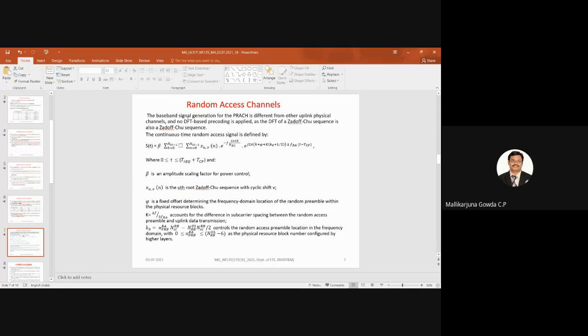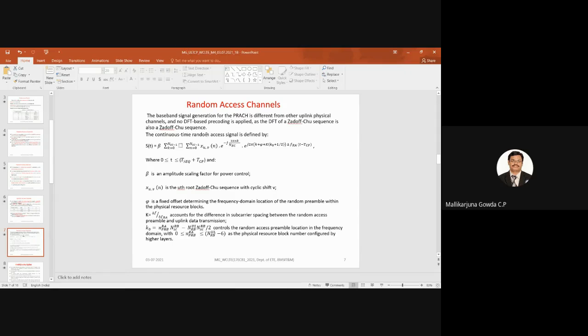Here no DFT-based precoding is used, and the DFT of a Zadoff-Chu sequence is also a Zadoff-Chu sequence. It means if I take the DFT of a Zadoff-Chu sequence, I will again get a Zadoff-Chu sequence only.